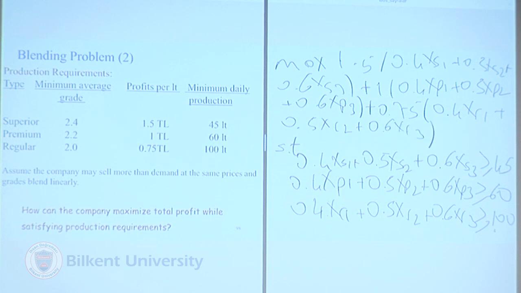That is my objective function, yeah? Are you all with me up until here? Okay. But we're not done yet.